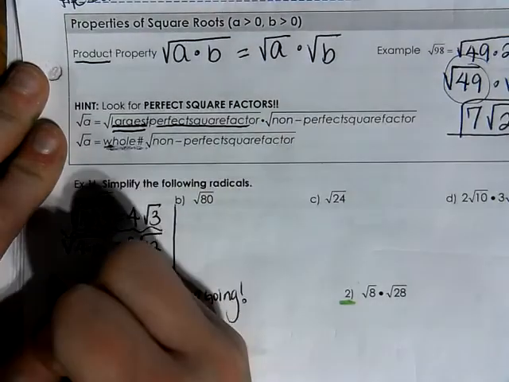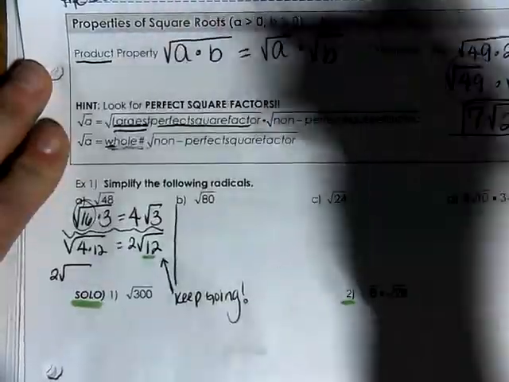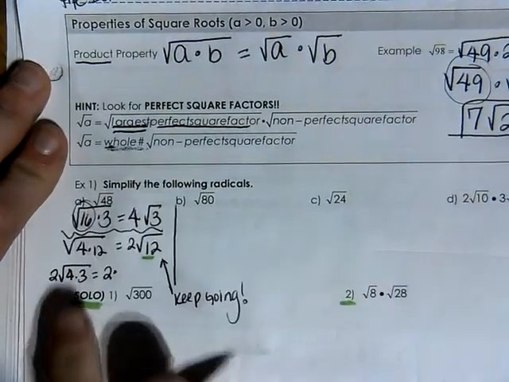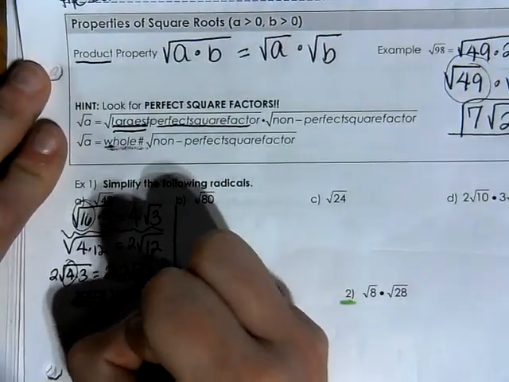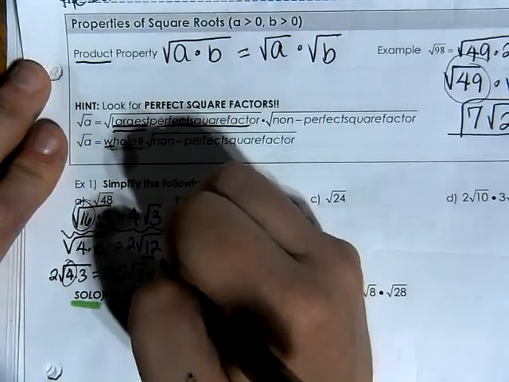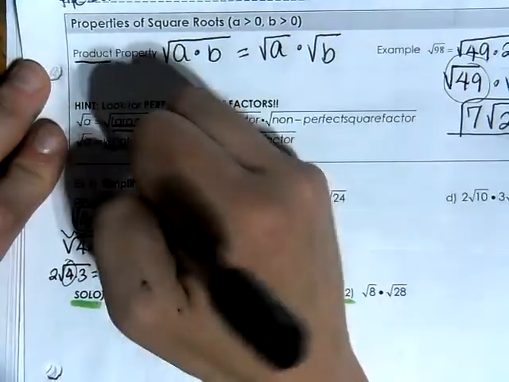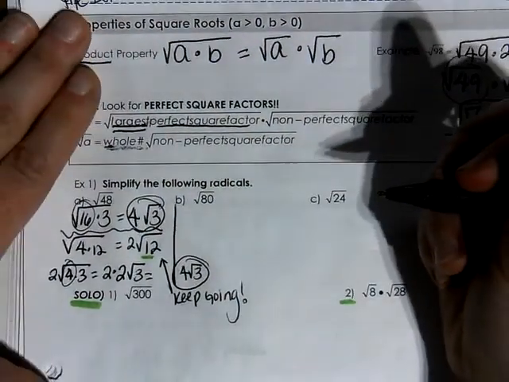So to keep going, this is going to be 2 times the square root of, I know that 4 can go into 12, so that is 4 times 3. So I'll have 2 still on the outside, but the square root of 4 is 2 times the square root of 3. And our answer is going to be, once again, 4 times the square root of 3. So you'll end up with 4 times the square root of 3 no matter what.